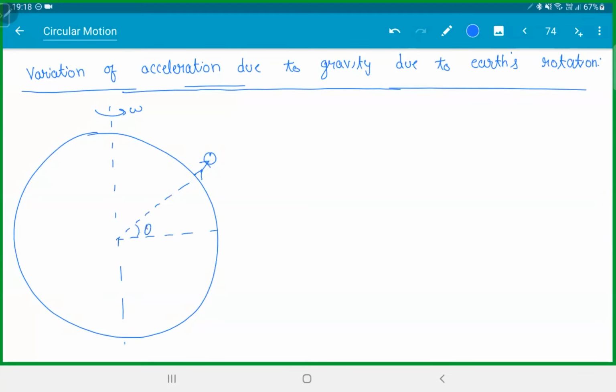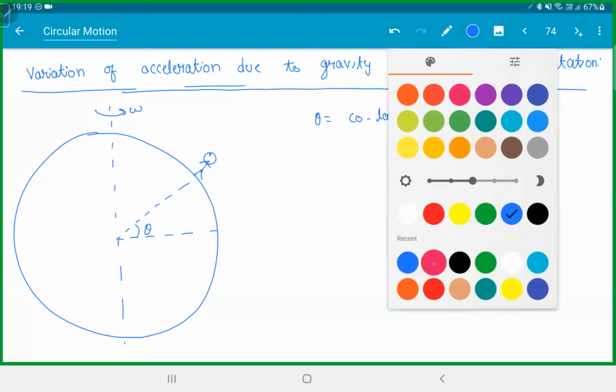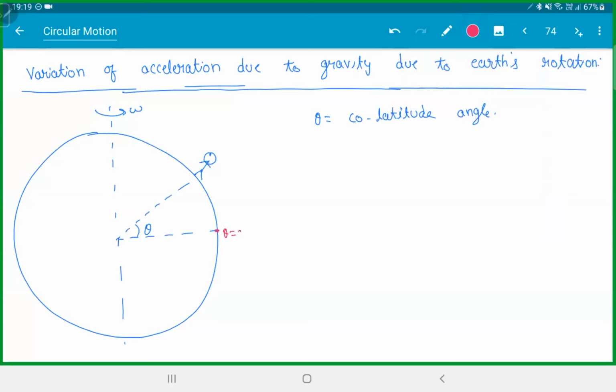This is the angle theta. Theta is called the colatitude angle. Now, what is the colatitude angle? At the equator, theta is 0. Theta is equal to 90 at the poles. So basically, it is the complement of the latitude angle.